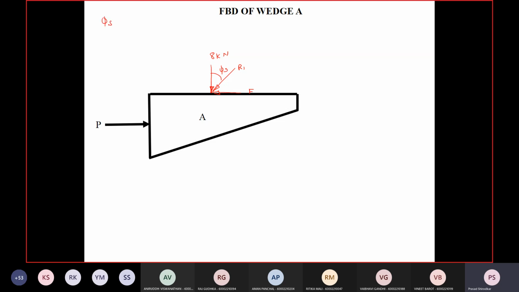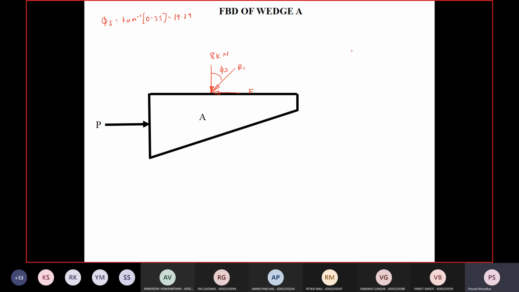Phi static is tan inverse of mu static, that is 0.35, that is 19.29 degrees.